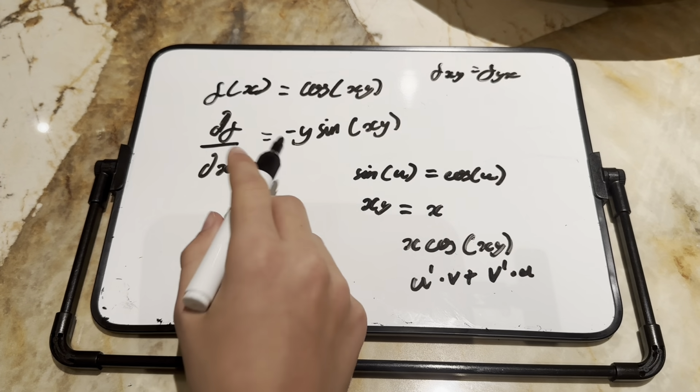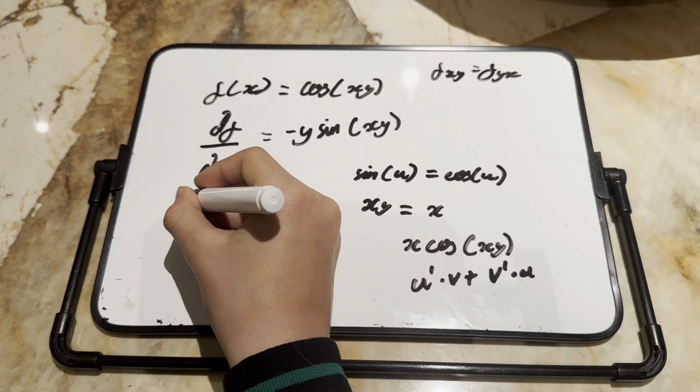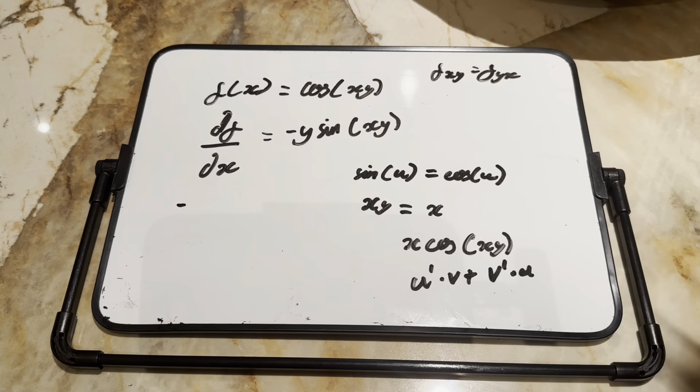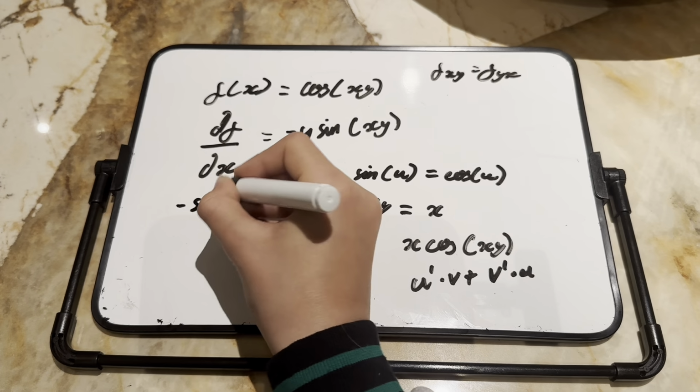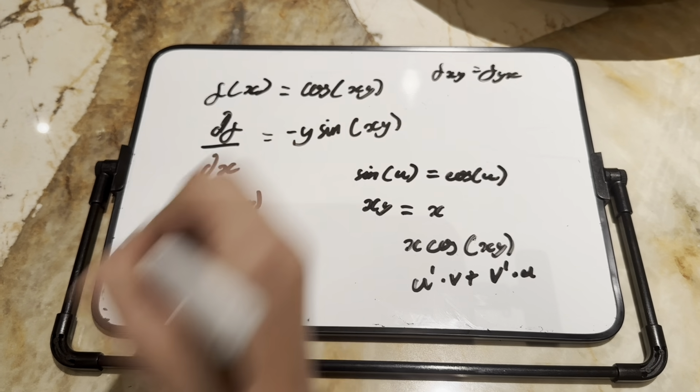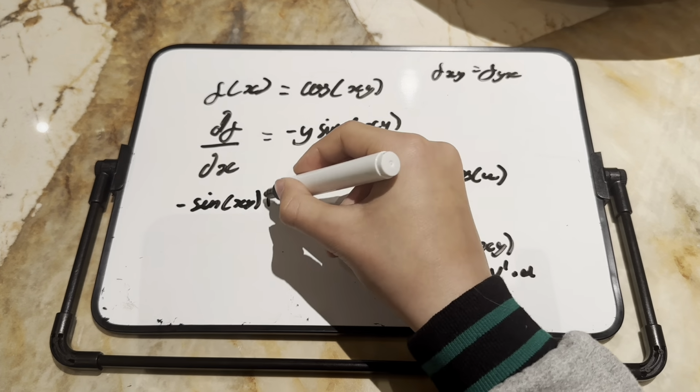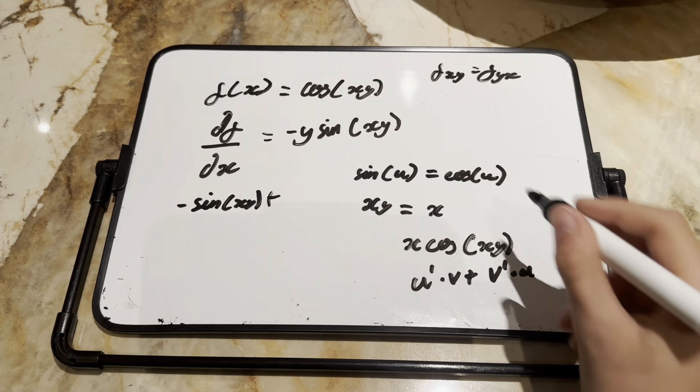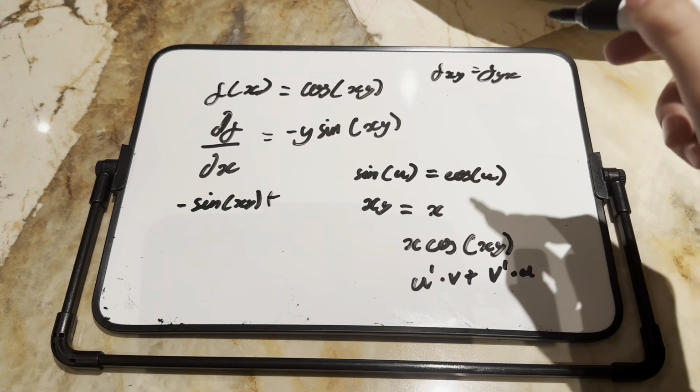So we know that the derivative of negative y is negative 1, so it's negative 1 multiplied by sine xy, so negative sine xy. And then add, what's the derivative of sine xy?